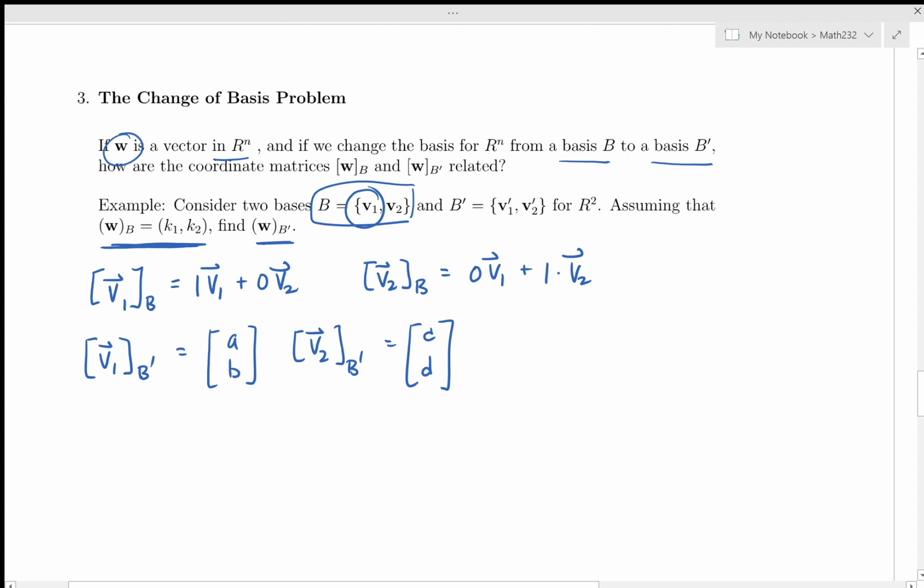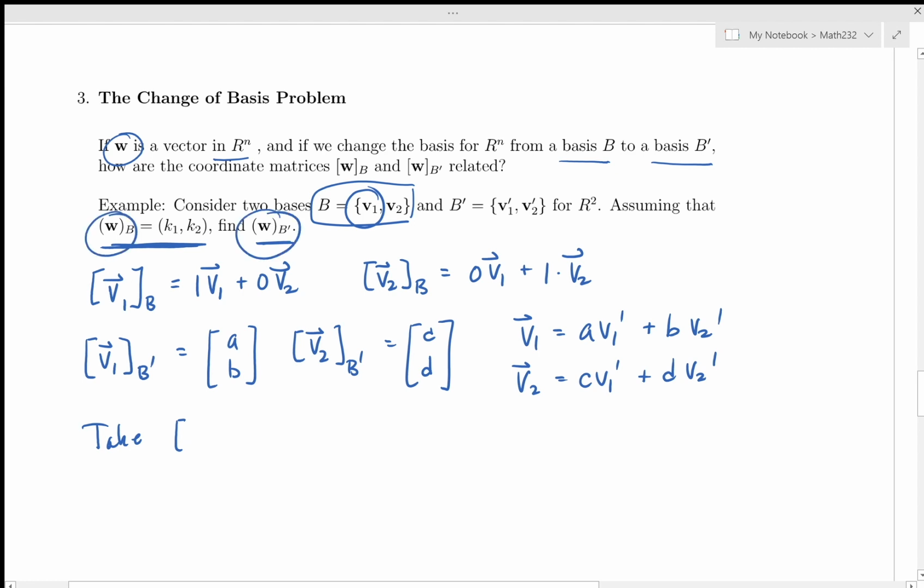That means really that the vector v1 is a times v1 prime plus b times v2 prime, and v2 is equal to c times v1 prime plus d times v2 prime. I'm trying to see how to change w. So I'm going to take w referenced to B to be k1 and k2.